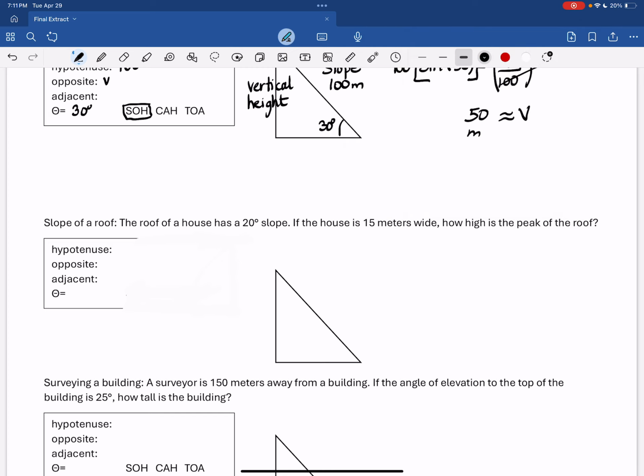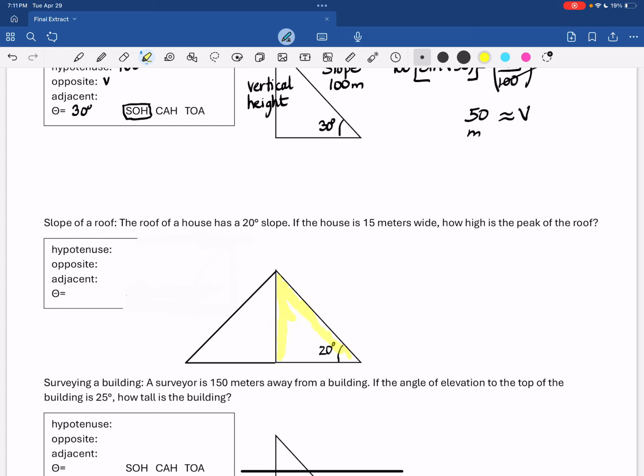But here's the catch. You have to realize that this is the roof. The picture I gave you is only half of the roof. In other words, I'm only showing you this much of the roof. And that doesn't matter with respect to theta, but it matters with respect to the 15.